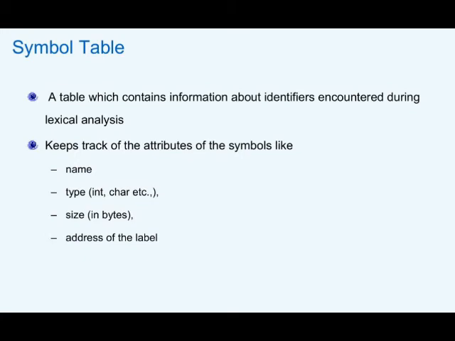The symbol table keeps the various identifiers and various other kinds of tokens during the lexical analysis phase, and these are the various types of attributes which will be kept in the symbol table, like name, type, size of the various identifiers, address of the various labels, and so on.